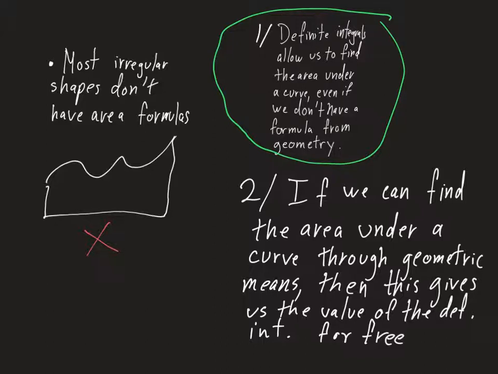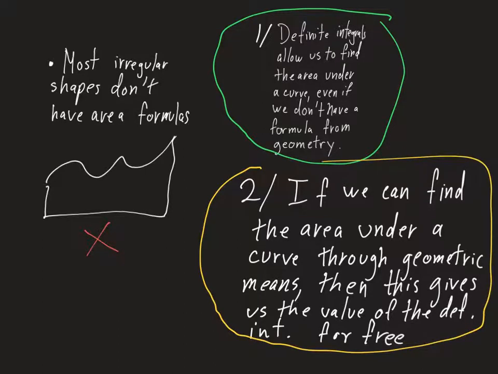And so sometimes we're not actually so much interested in the area as we are interested in the value of the definite integral itself. And what that means is that if you have some other way, perhaps from geometry or from some other argument, to actually obtain the area underneath the curve without having to do any calculus or anything of the sort, that gives you the value of this definite integral for free. And this can be really, really useful.